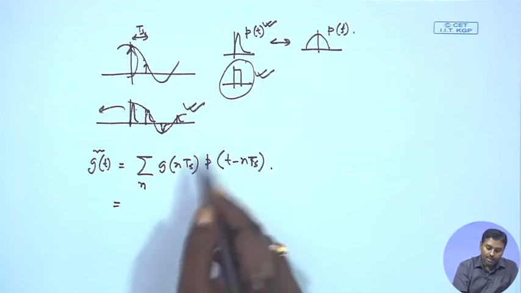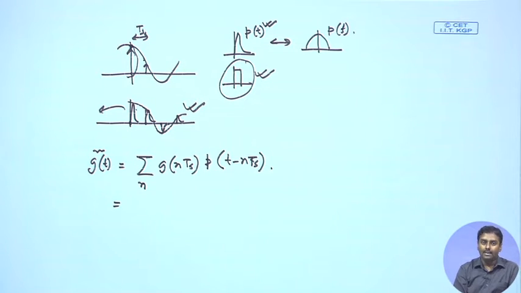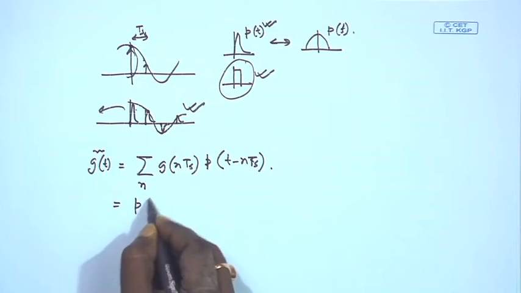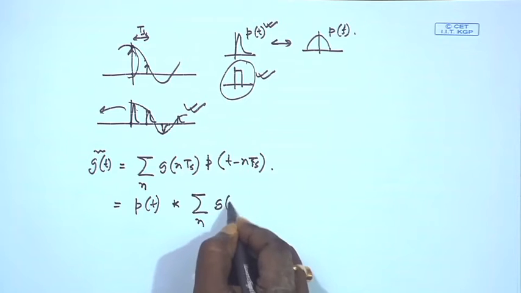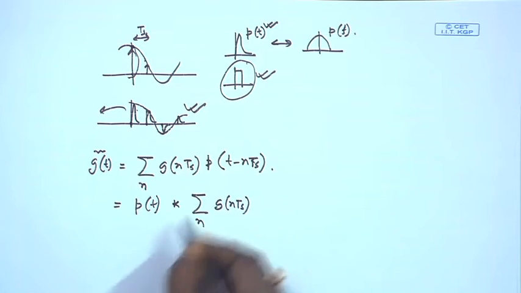Now, p(t) I can always write as the pulse convolved with delta, because I know any signal convolved with delta remains the same. So, I can definitely write this as p(t) convolved with the summation over n of g(nTs), which has nothing to do with t.